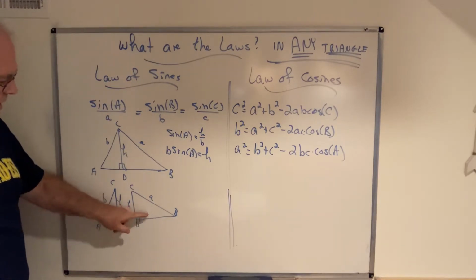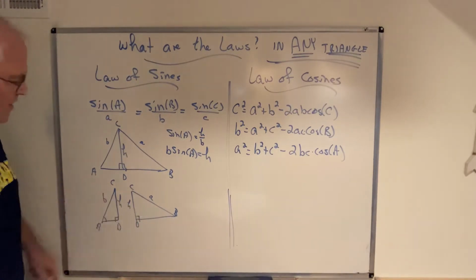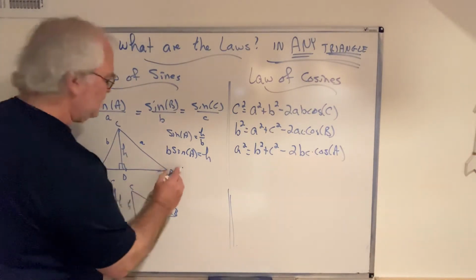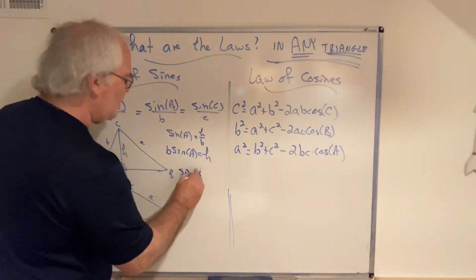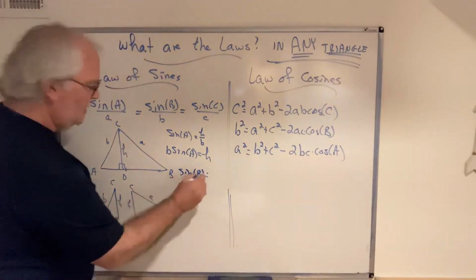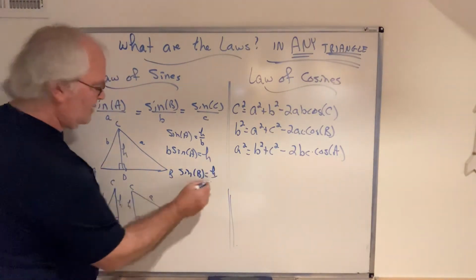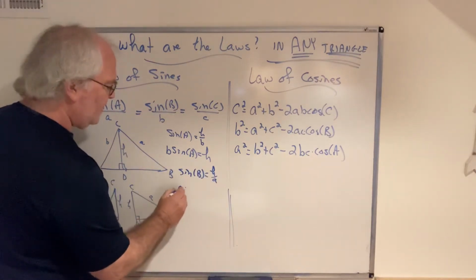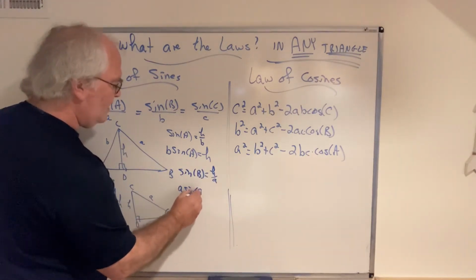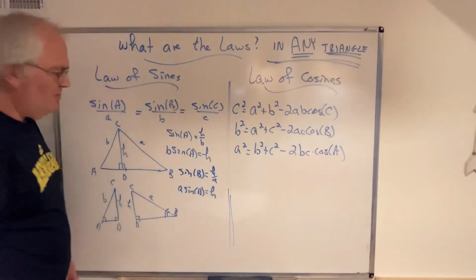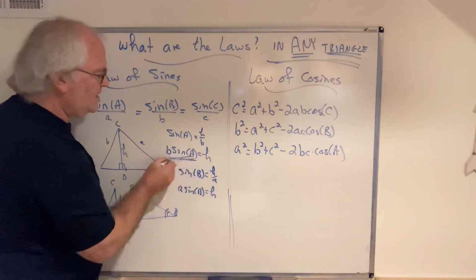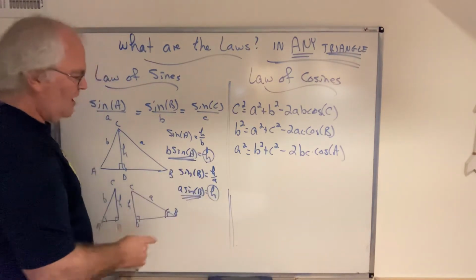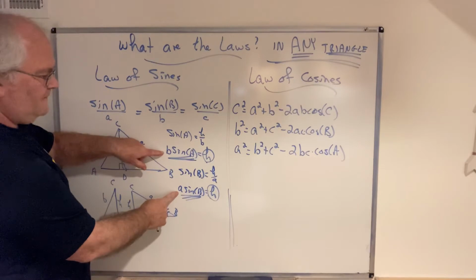Now, same song, next stanza. Do exactly the same thing on this triangle. Sine of B is opposite over its hypotenuse. So we know sine of B is this opposite, H, over this hypotenuse, a. Multiply both sides by a to clear the fraction out. a times sine of B is equal to H. But look, this is equal to H. This is equal to H. Therefore, they must equal each other.